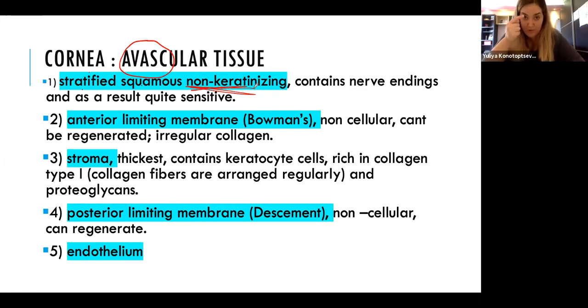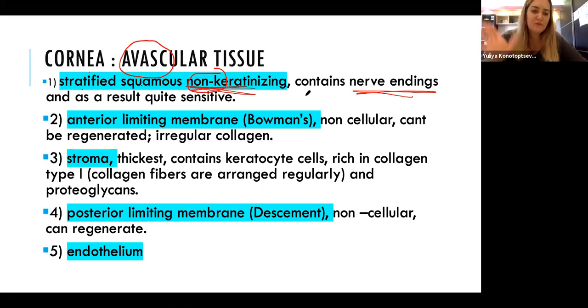Your cornea is also facing outside, right? It's the air itself, the outermost layer that is facing outside, yet it is non-keratinized. Why? Because it contains lots and lots of nerve endings within the epithelium.